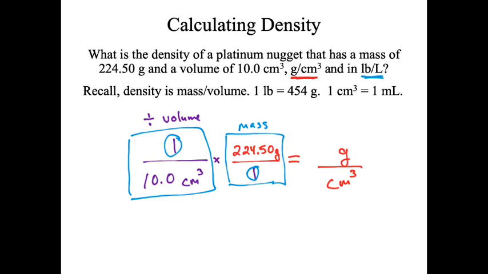What was the given volume? 10 centimeters cubed. If I place any number other than 1, I'm now altering the given volume, either the number or the unit. Does that make sense? The placement, numerator or denominator, is really just allowing me to say multiply or divide.